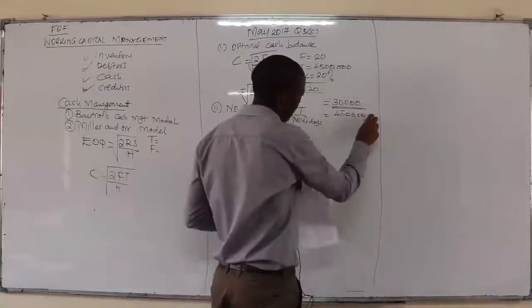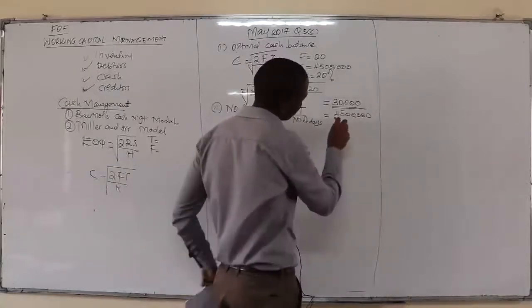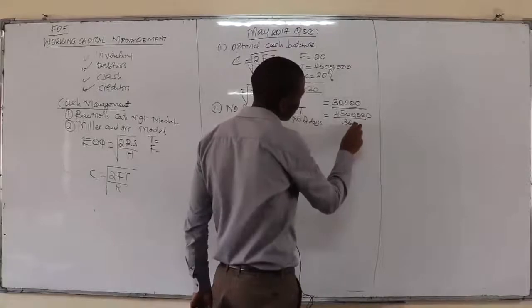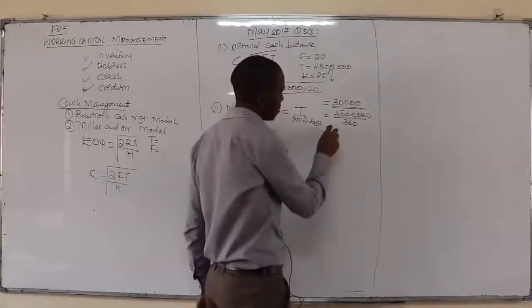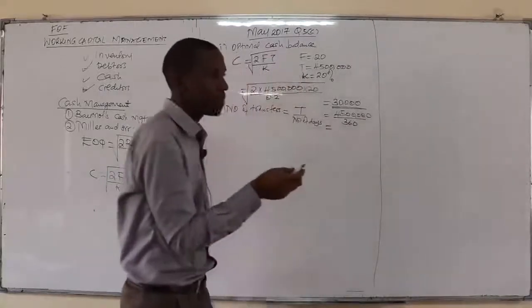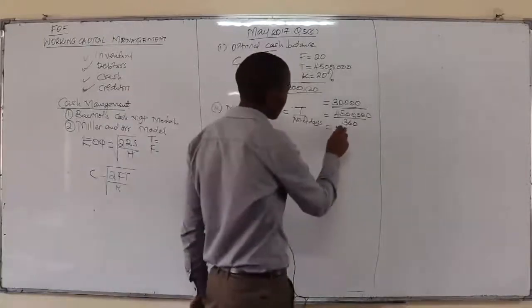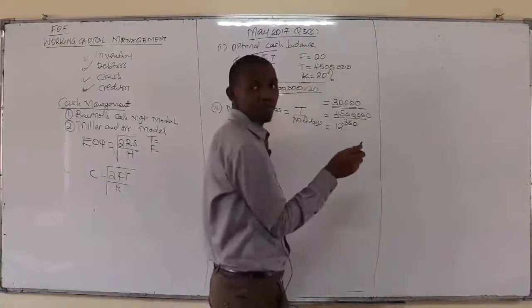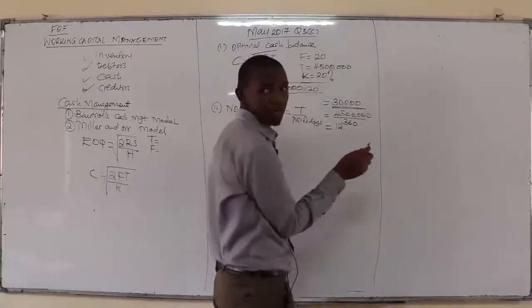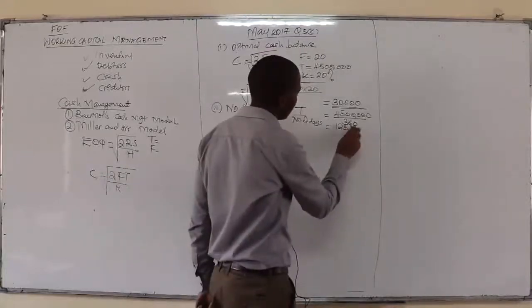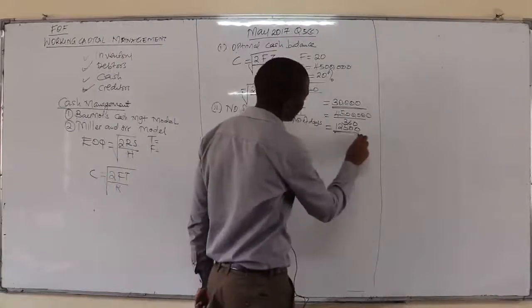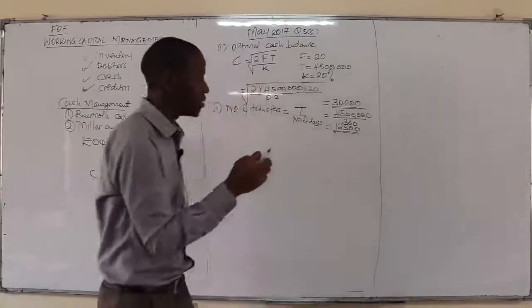You divide by days in a year, we've been told is 360 days, which in that case itakuwa ngapi? 12,500. 12,500 transfers. That is how you get that.